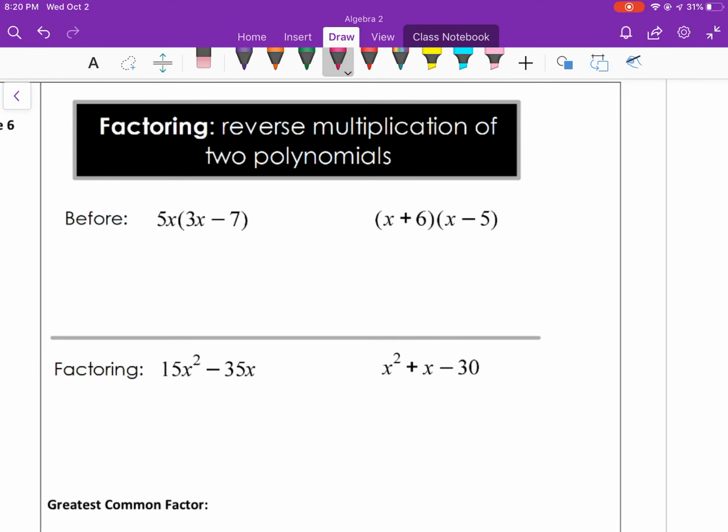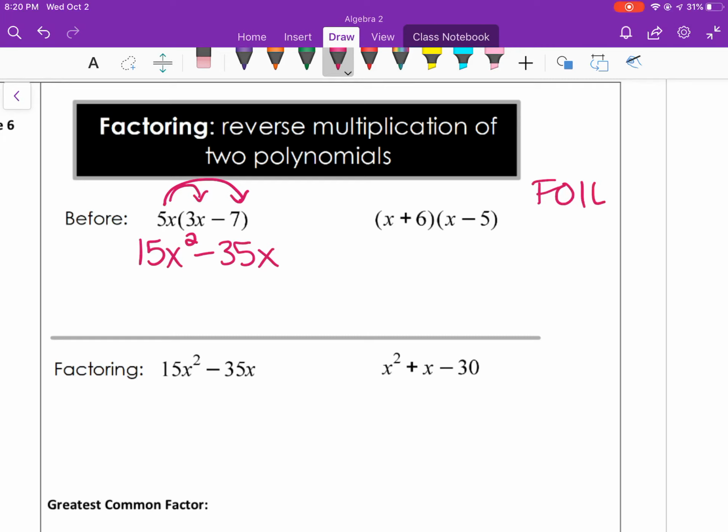Okay, so remember, factoring is the reverse of multiplying two polynomials. So before, we've done stuff like this where you distribute this through, and 5 times 3 is 15, and x times x is x squared. 5 times negative 7 is negative 35x.